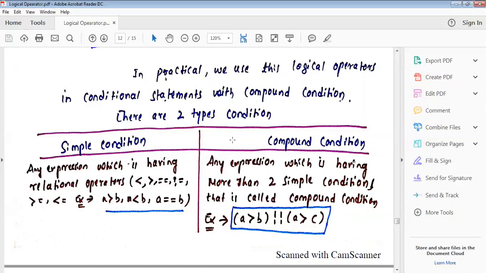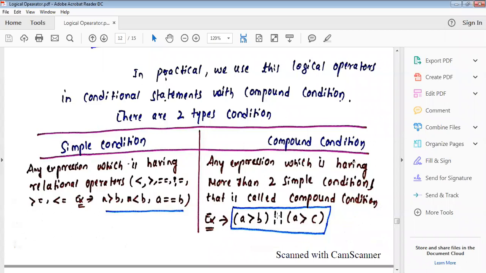Look, a simple example in the quadratic equation: a is equal to 0 is a simple condition. If we are using more than two simple conditions, a is equal to 0 or, this OR symbol is a logical operator.